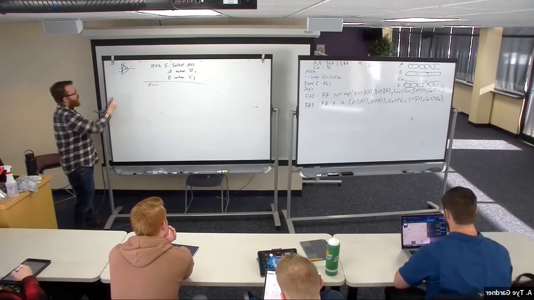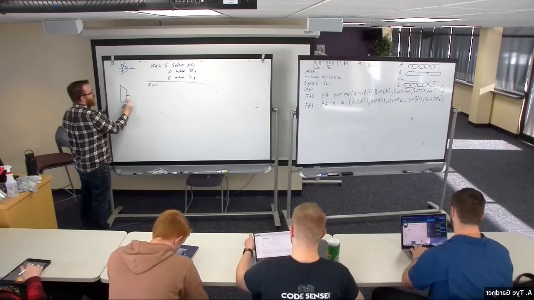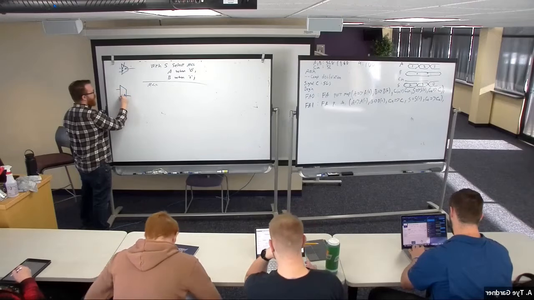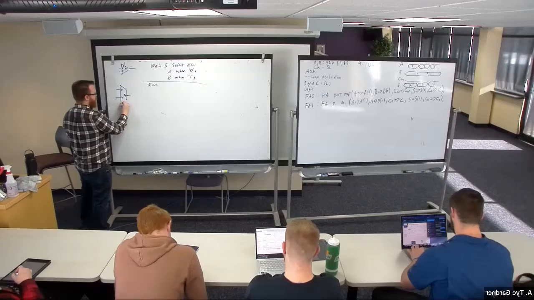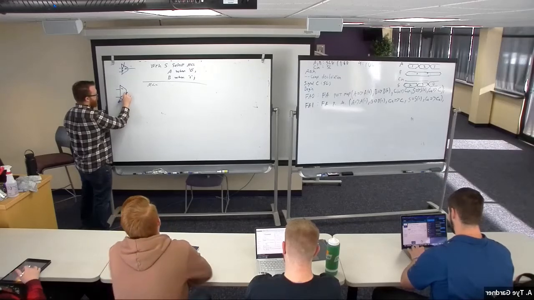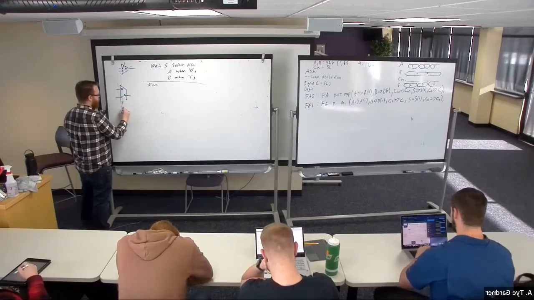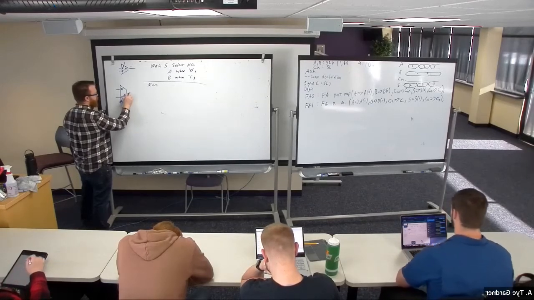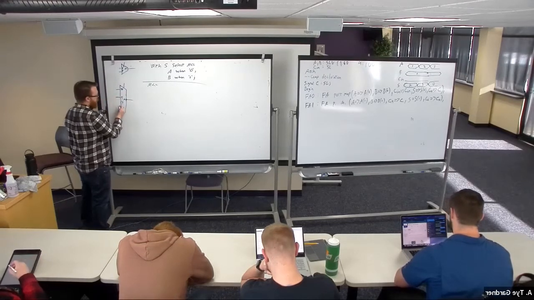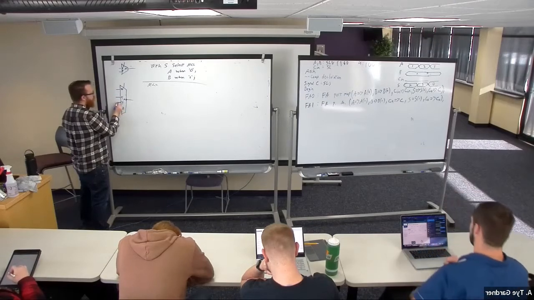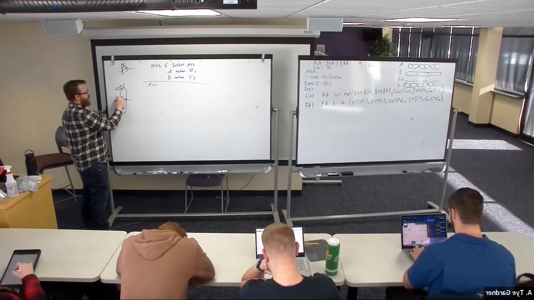So let's say that I have a 2-bit mux. Or rather, a mux that wants to select between W, X, Y, Z. Let's say that each of my inputs here are 4 bits.